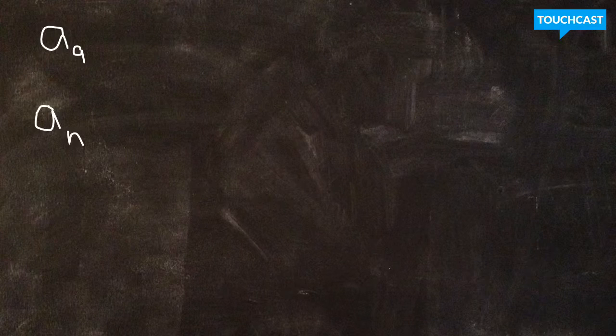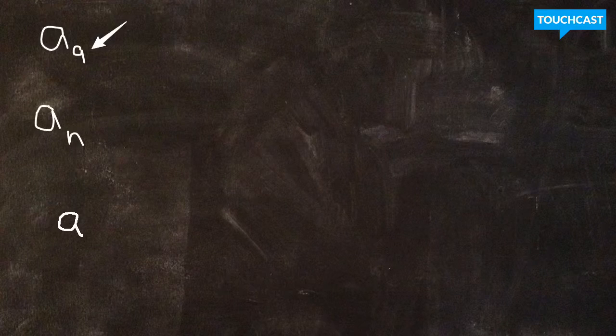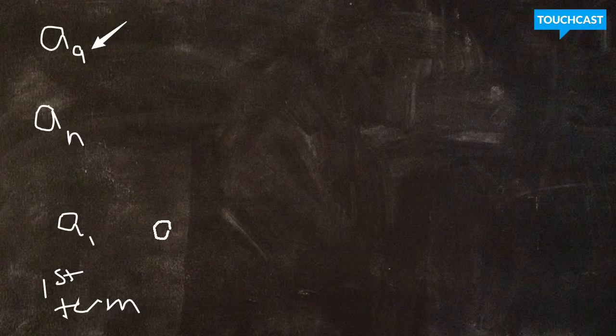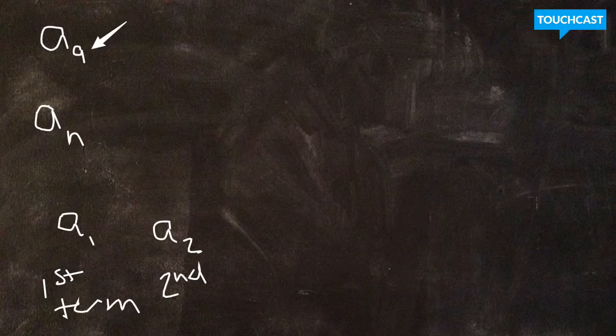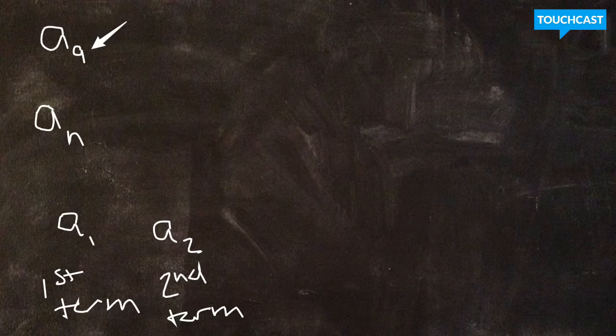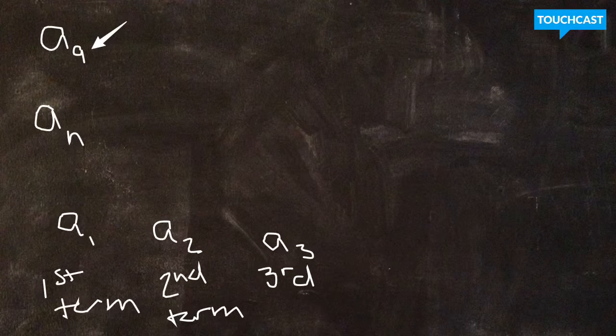These sub numbers, these index numbers, represent the position of a term. So if we have a sub 1, that means this is the first term. If we have a sub 2, that is the second term. A sub 3 is our third term, and the pattern keeps going.